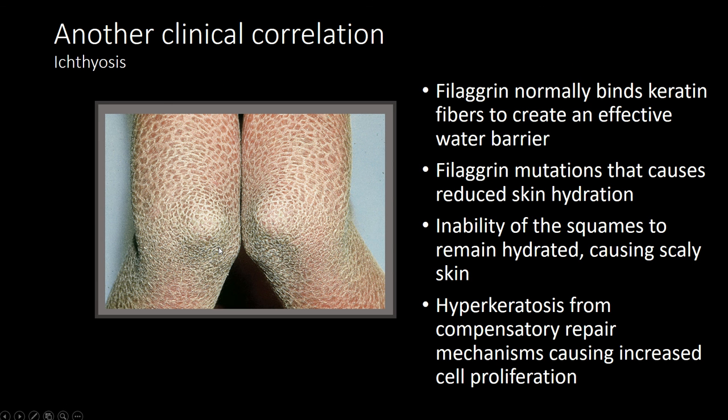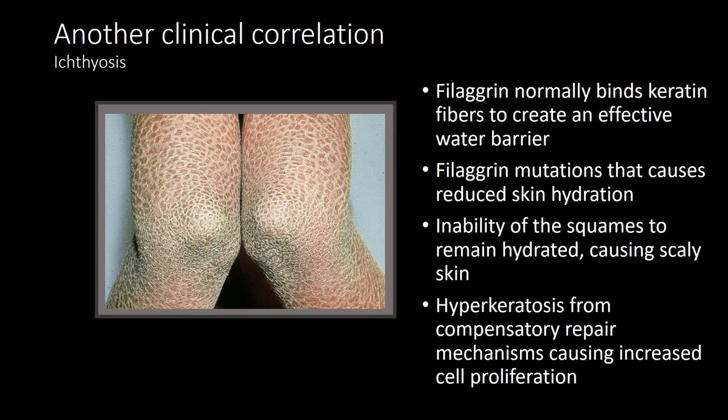Another clinical correlation here is that we can have other parts of the process of making skin that can be defective. And one of them is that we can have filaggrin mutations. And that can reduce the hydration that the skin cells have. And what you get is a compensatory response.